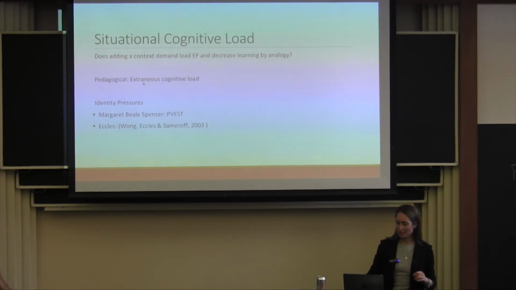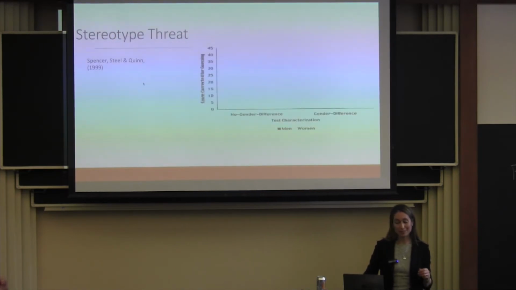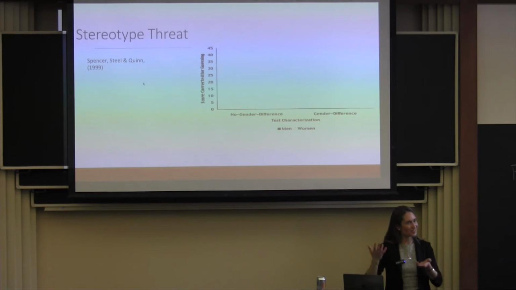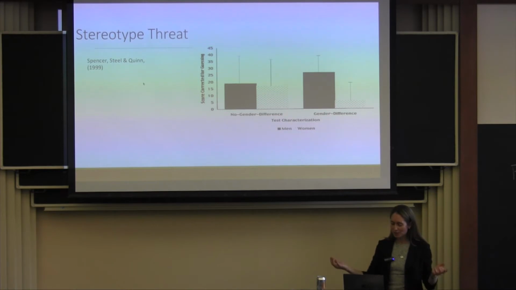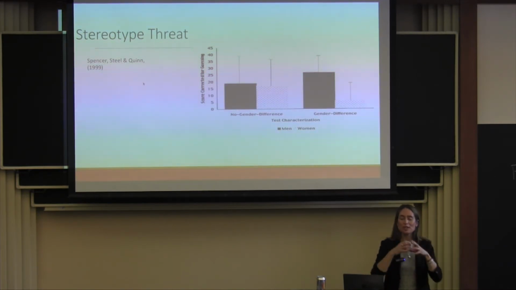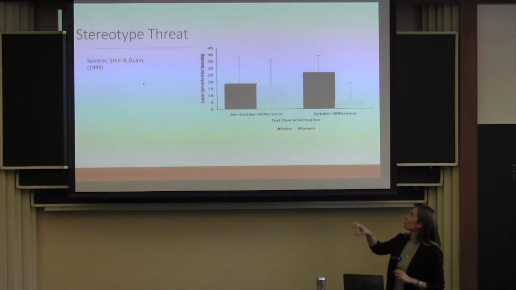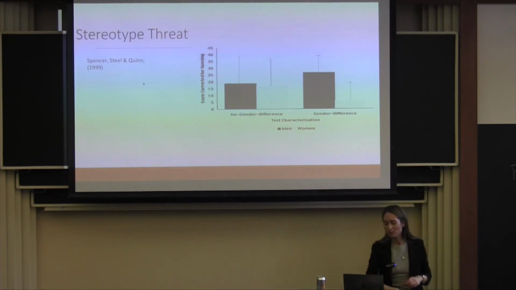And Jacquelynne Eccles has also done a lot of work showing that people have identity pressures in classroom contexts on a regular basis. And so you heard last week from the man himself about stereotype threat. So, just to show you the figure, one of these studies, for example, showed that when told that a particular test could identify gender differences between people, you saw men outperform women, but when they were not told that there was a gender difference, you didn't see this gender difference.